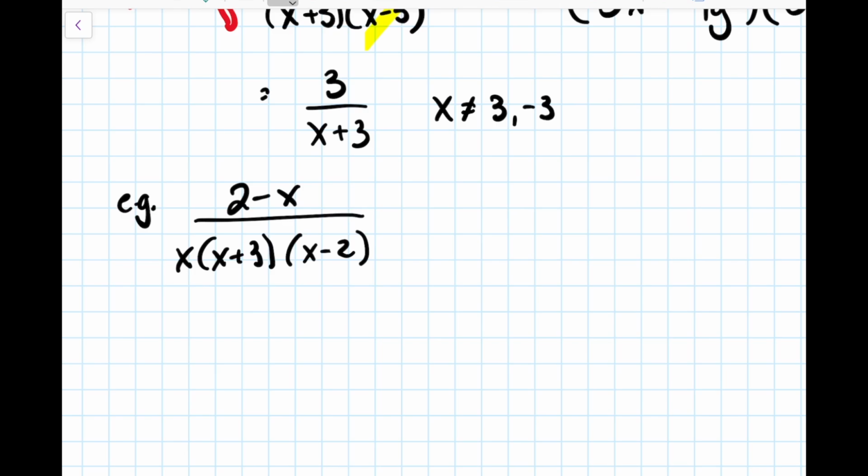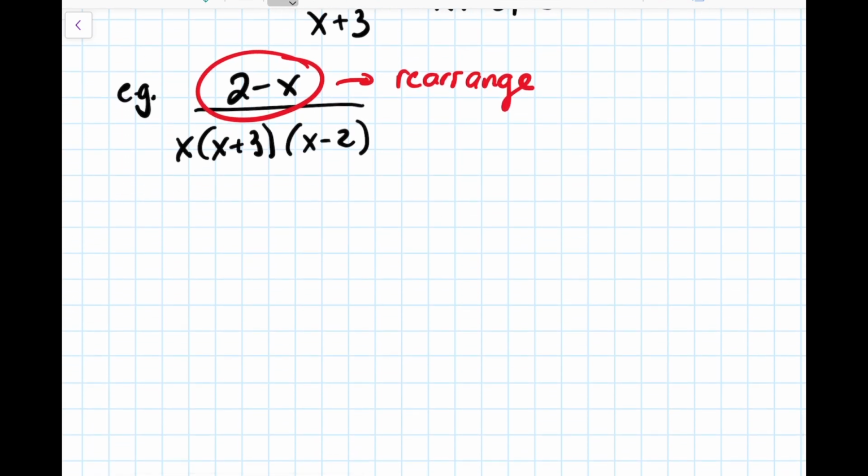If I told you to do 5 minus 7 or 7 minus 5, you are going to get different answers. So we can't, at first glance, cancel anything here. What we can do is take this 2 minus x, and we're going to rearrange it a little bit, because I don't like the way that's written. So instead, I'm going to just switch the order there, and it's still going to be a negative x, and it's still going to be a positive 2, which gets me this.